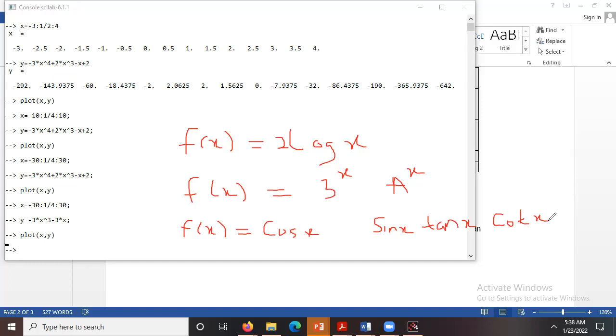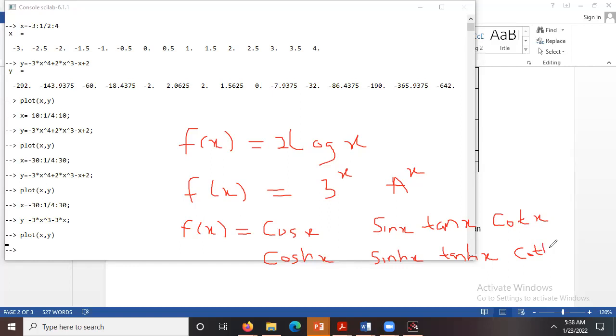Then we can have the hyperbolic functions, which are cosh x, sinh x, and tanh x. We'll be looking at their relationships later in class. All of these functions are there. Then we have the cosec, the secant. We have so many of them.